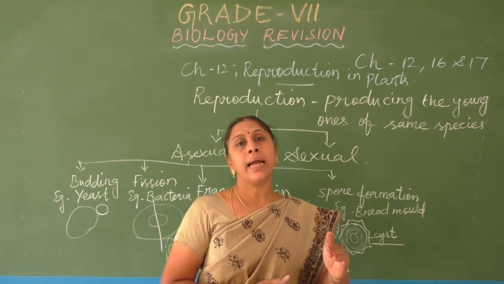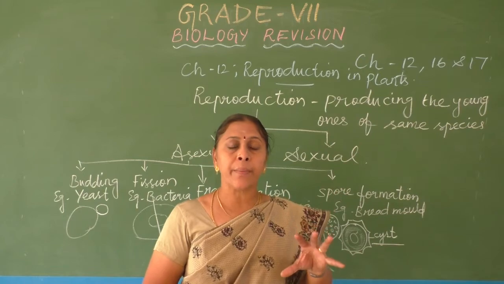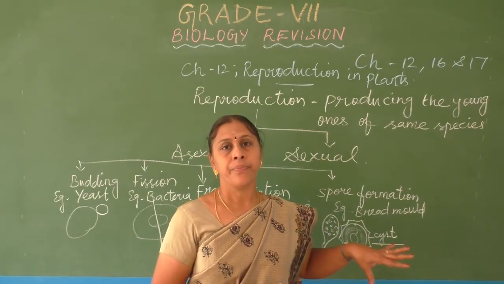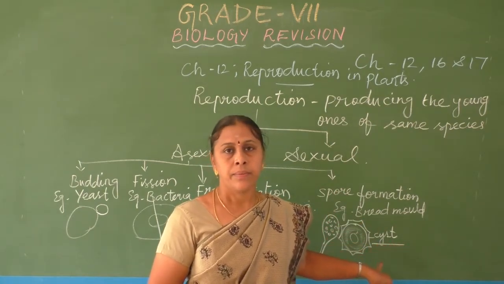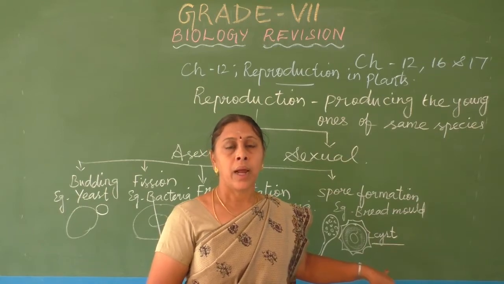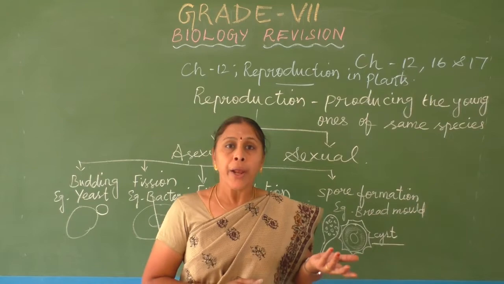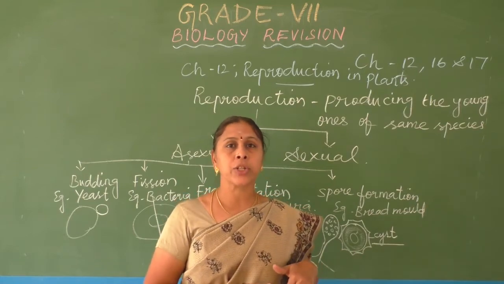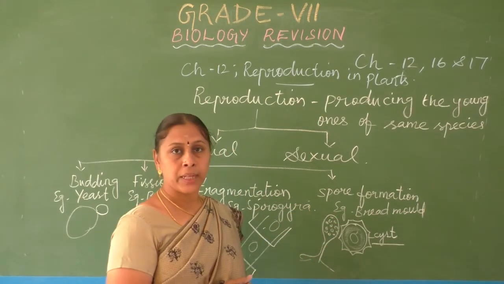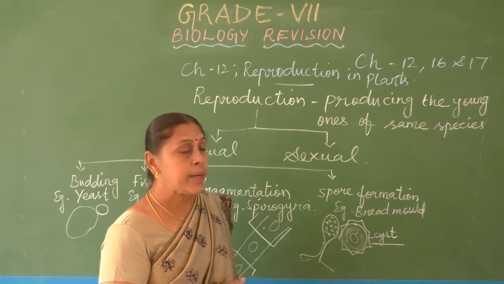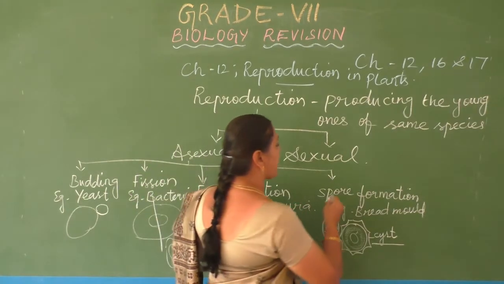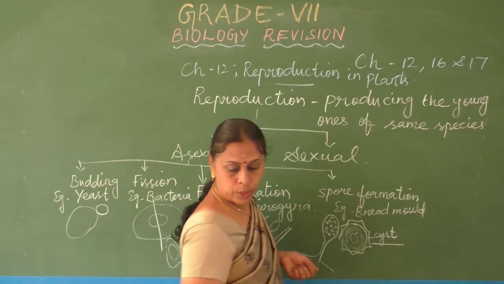So till then, the spore will remain safe inside the cyst. And when the favorable conditions are present, it will develop into a new individual. This type of reproduction is called spore formation. And the next one is vegetative propagation, the last one.